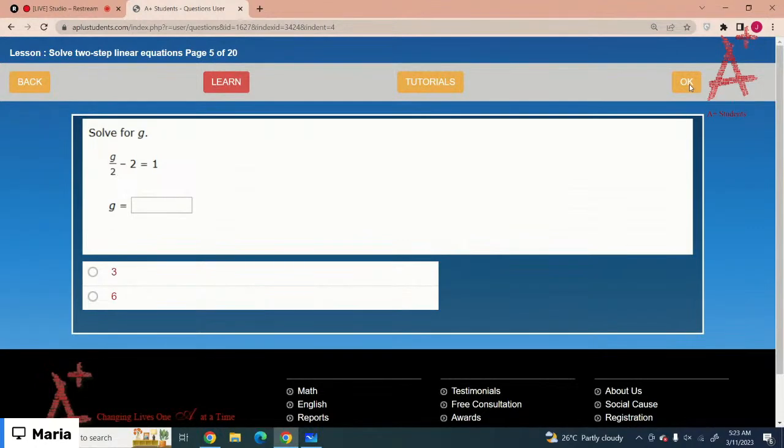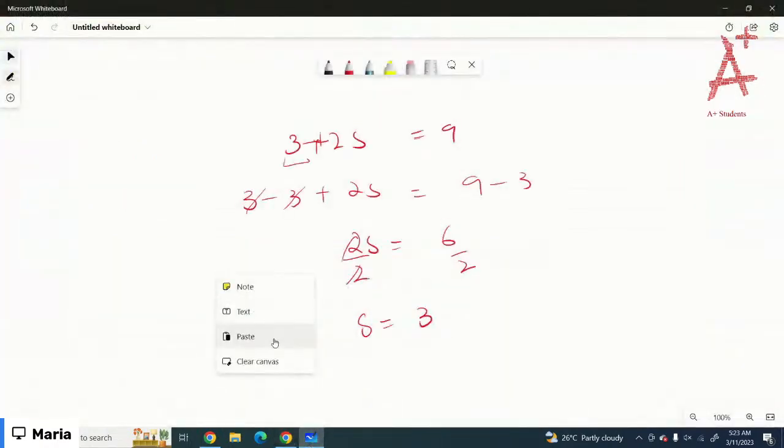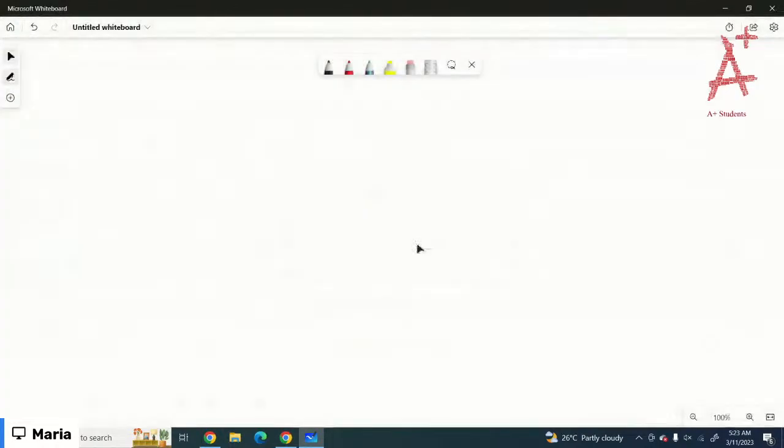Okay, the next one is g divided by 2 minus 2 equals 1. So first of all, you have to remove that 2, so add 2 to both sides. So 2 minus 2 is 0.